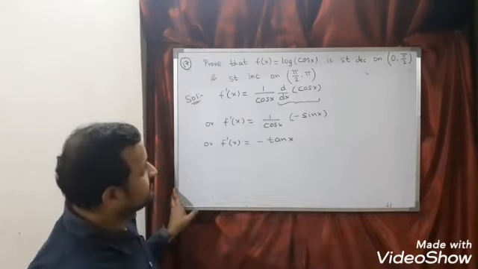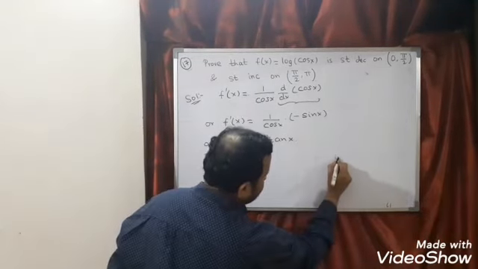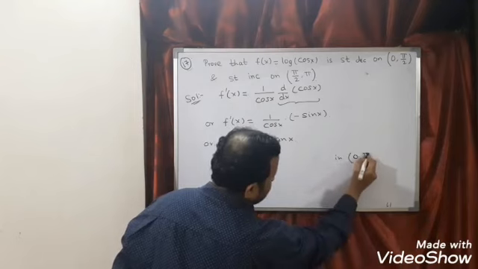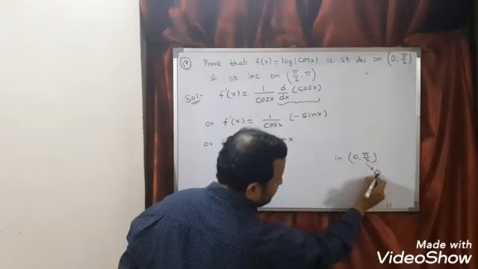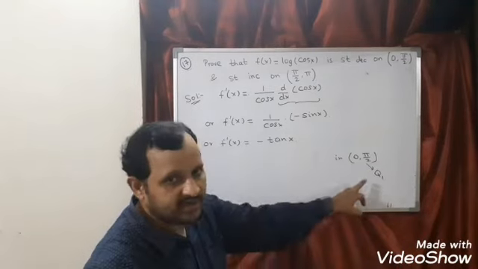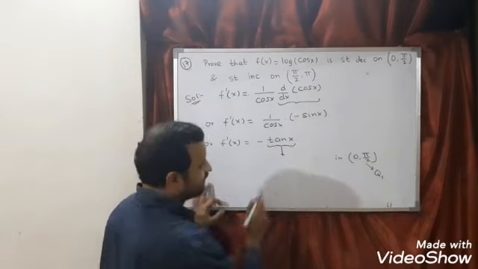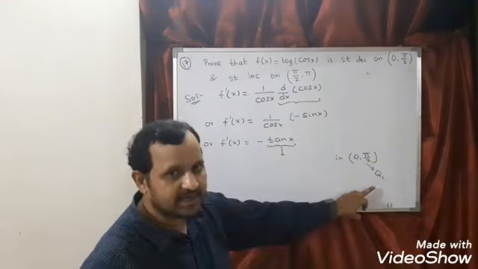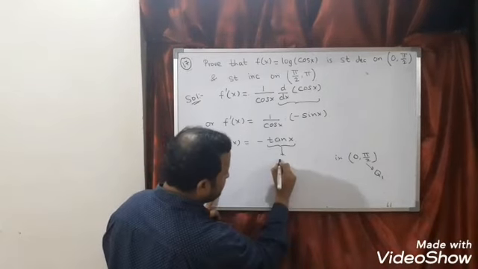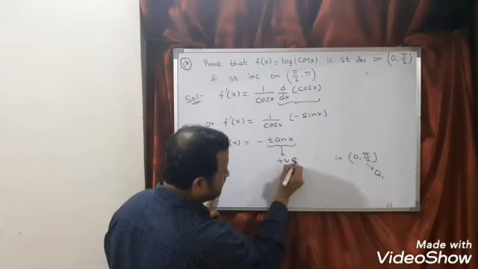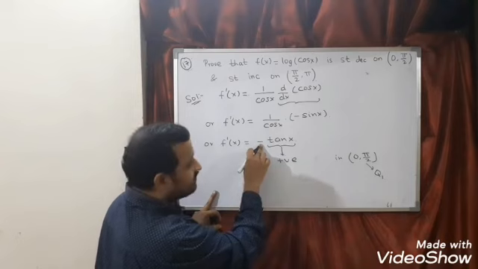So I can say f dash x is equal to minus tan x. Now 0 to pi by 2 belongs to which quadrant? This belongs to quadrant 1. In quadrant 1, tan x value is positive. So positive multiplied by negative, what you will get? Negative.